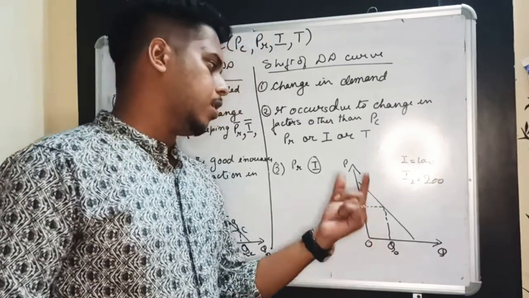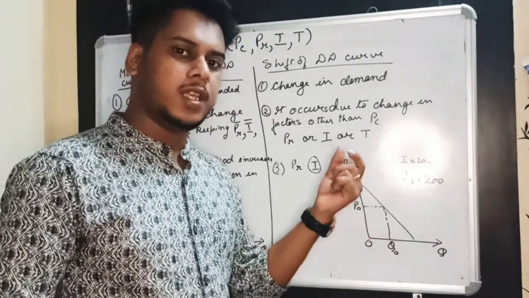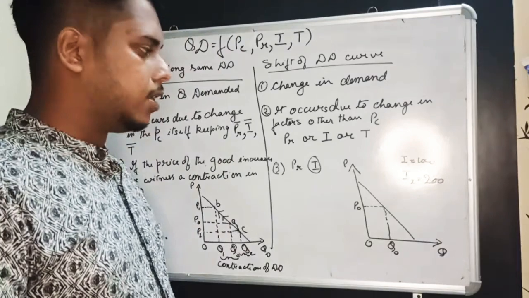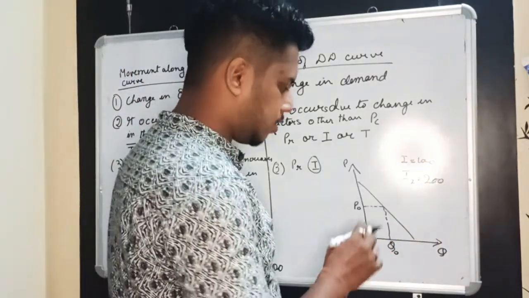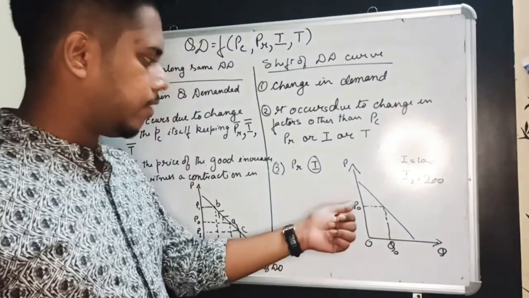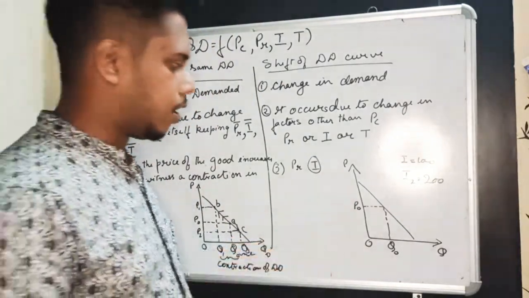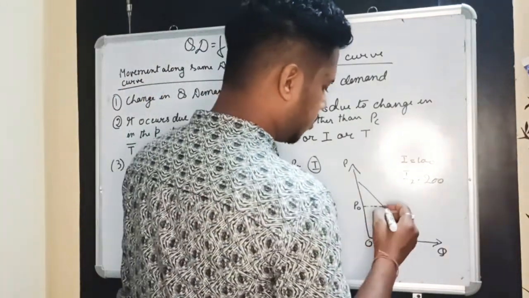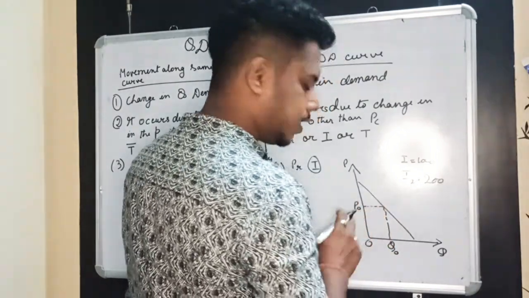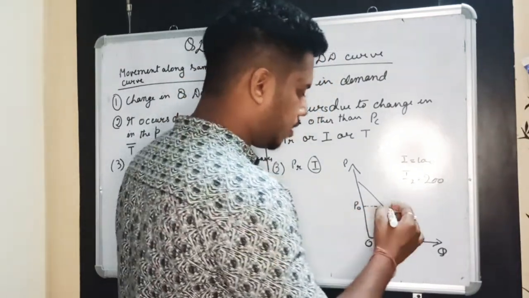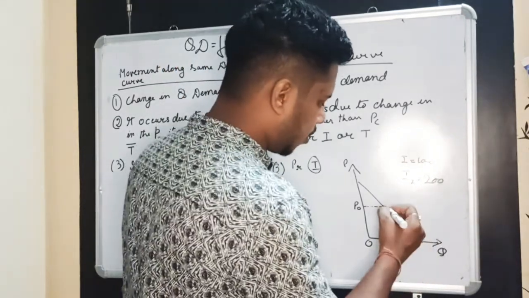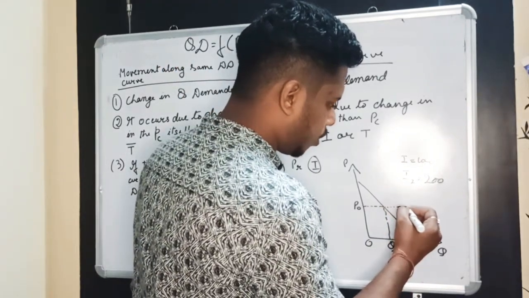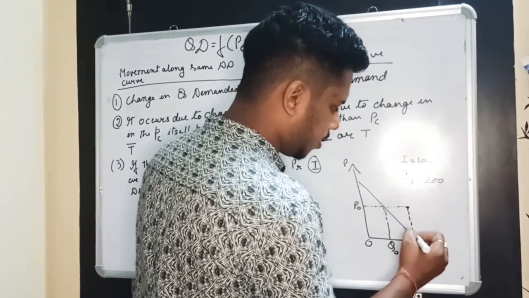Okay, however, with an increase in the income level, his purchasing power has increased, and now at the same price level, mind it, the price level has not changed, it has still remained P0. His income level has changed. So now with the same price level, with his increased purchasing power, he can now purchase more of the quantity, say Q1.